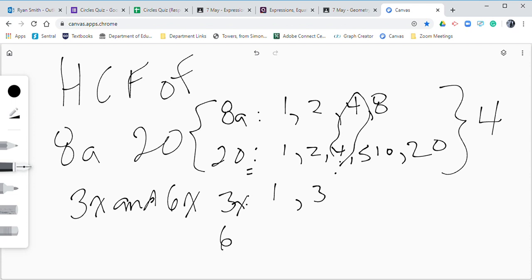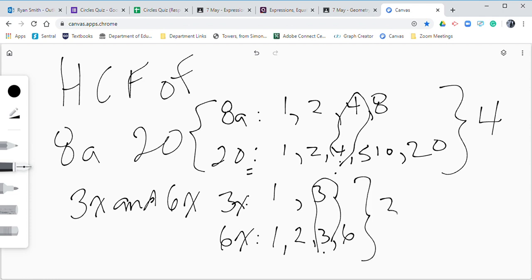To get to 6, you can go 1 times 6, and I believe 2 times 3. Highest common factor is 3 for the numerals, but if you look at the pronumerals, both of these have x in it, so the highest common factor of both these would be 3x.